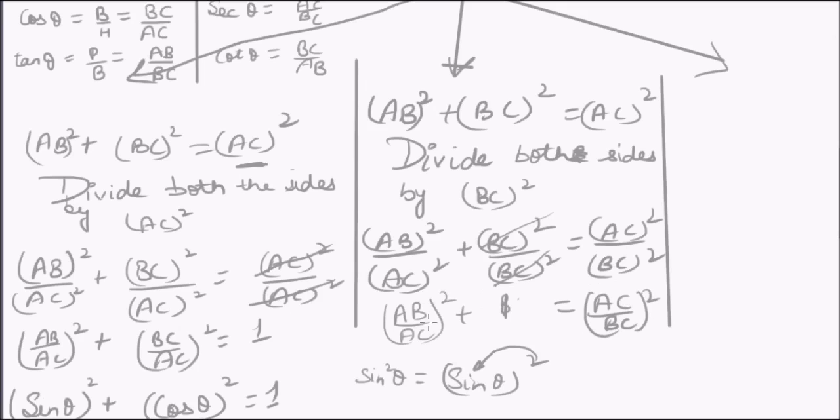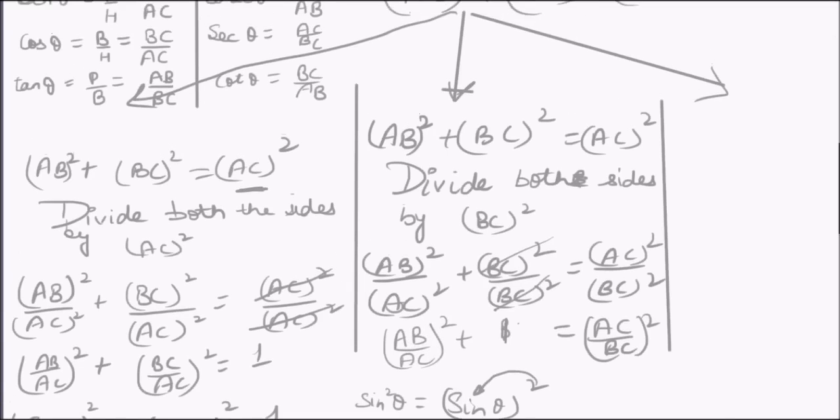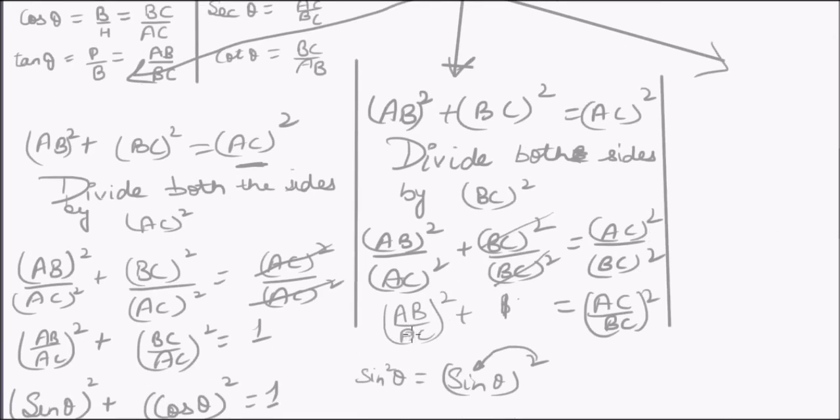Now friends, what is AB over BC? Clearly look here, it is tangent theta.